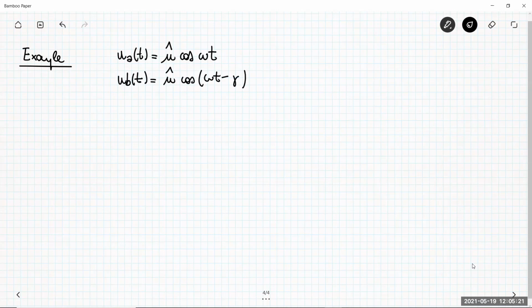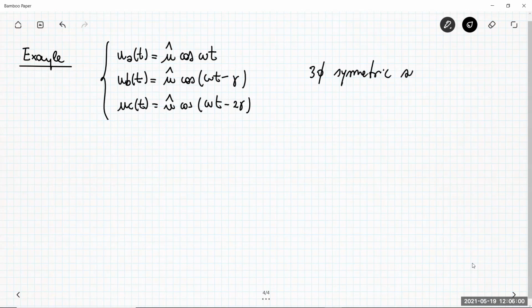So it's the same as ua, but with a phase shift of gamma, and gamma is 120 degrees. uc of t is U hat cosine omega t minus 2 gamma. Now the waveform is always the same, so the 3 waveforms have the same peak value and the same frequency, but they are phase shifted by 120 degrees from one another. So this is a 3-phase symmetric system.